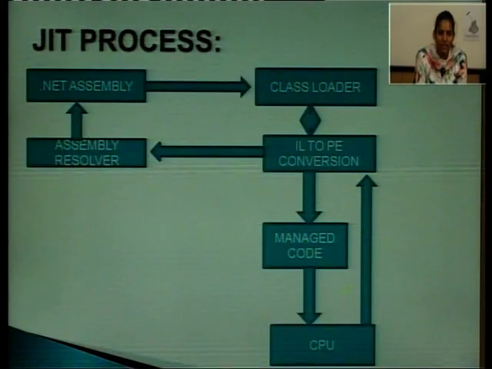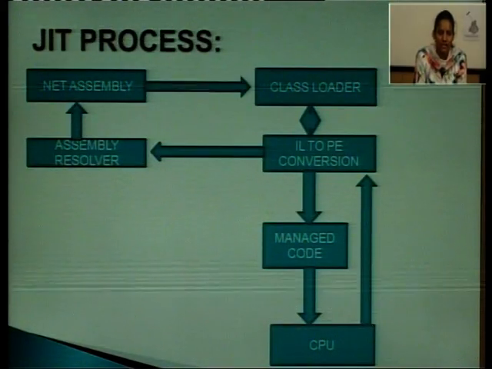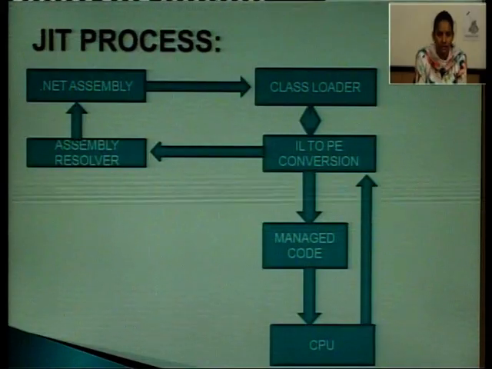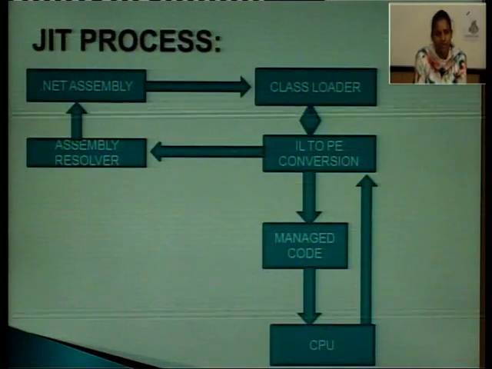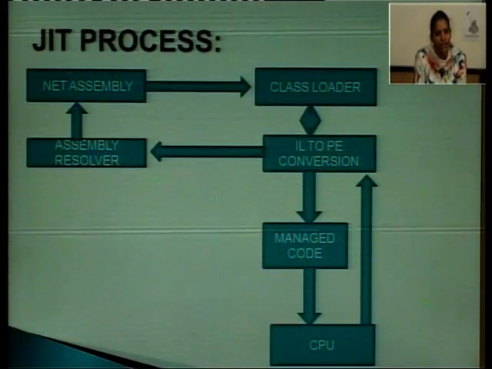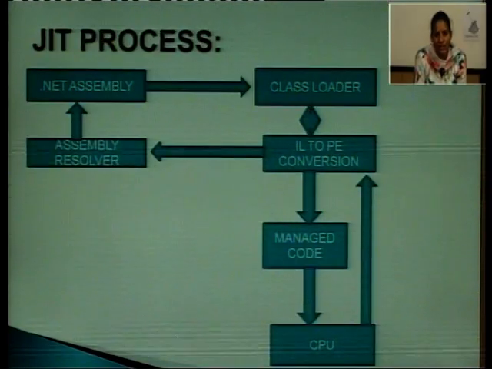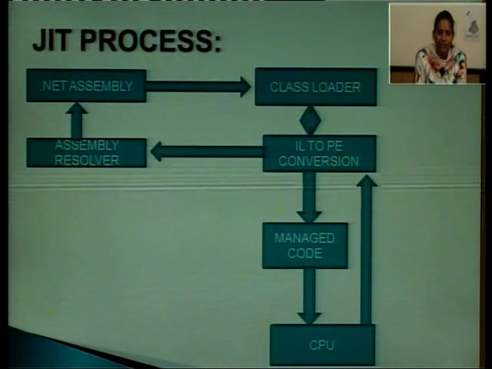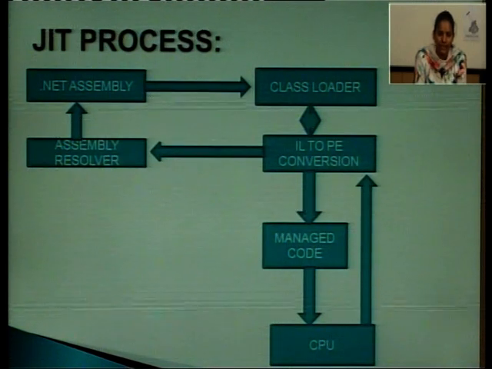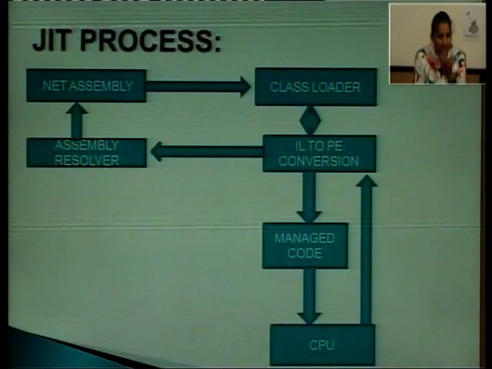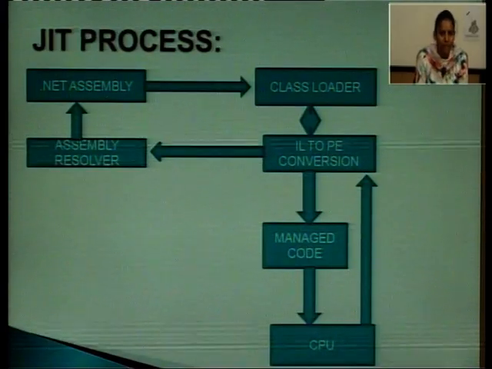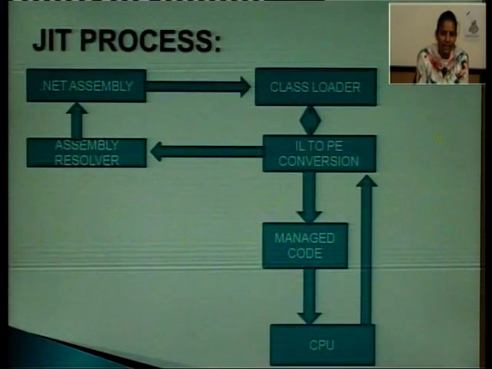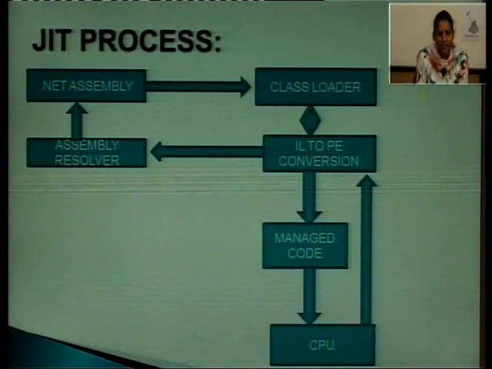After providing the function locations where each is going to be executed, it is converted from IL to PE, that is, a portable executable file. Then in the portable executable file, we have two things: IL code and managed code. Then the CPU executes it, and again IL to PE conversion takes place.